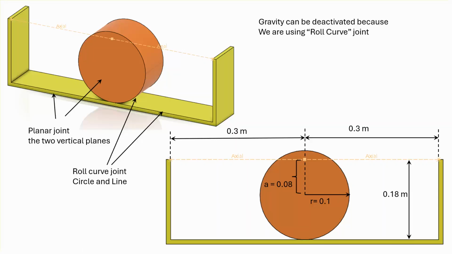When this was done earlier, I also did it without the roll curve joint, but there, of course, you need gravity to be active and friction to be specified, etc. And that's why it's a different problem. I'm not solving it going that route. I'm doing a roll curve joint.